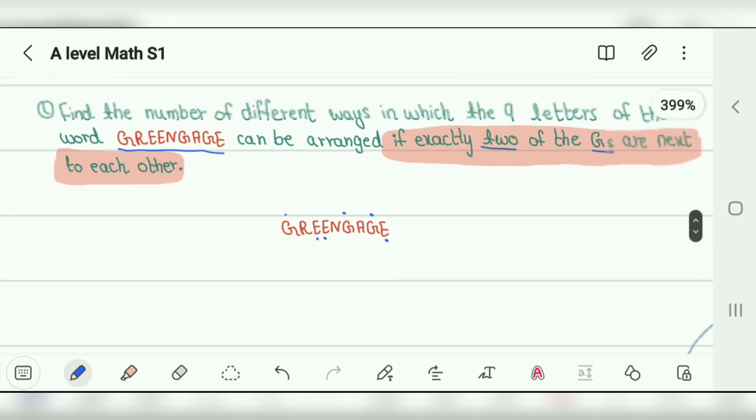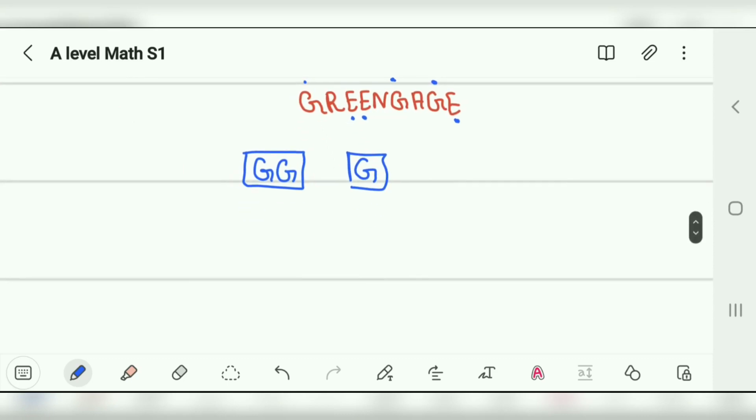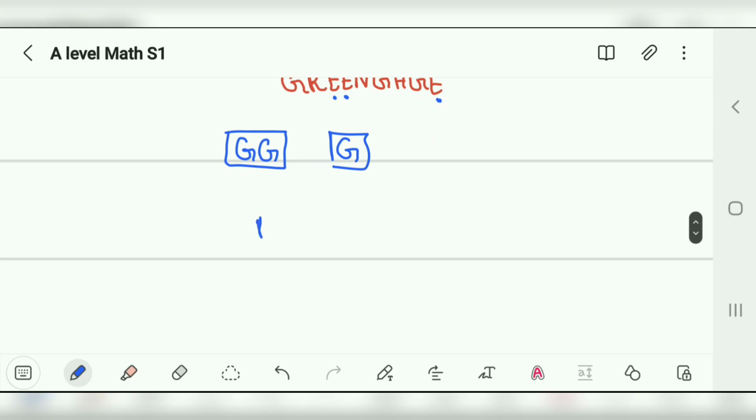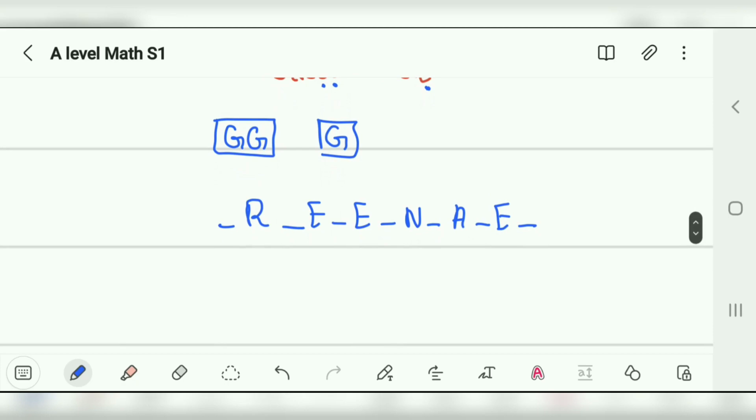Saying if exactly 2 of the G's are next to each other, so we're going to put 2 G's in a box, and another G in one box, and the rest will be, and then we're going to use the gap rule. So R, E, E, N, E, A, E. Now 1 2 3 4 5 6 7 gaps, 7C3.